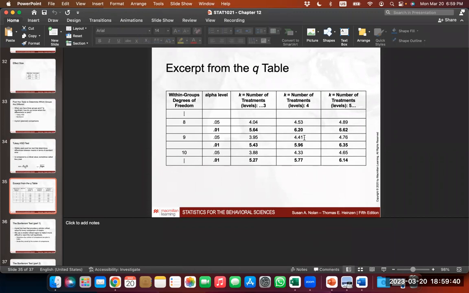We're basically looking at critical Q with an alpha level of 5% of 4.41 or 5.96 if you take 0.1% or 1%.